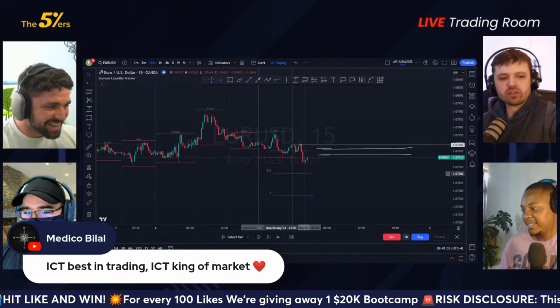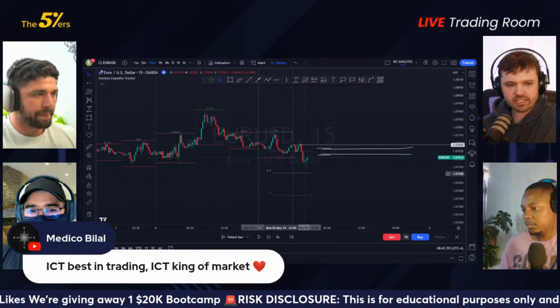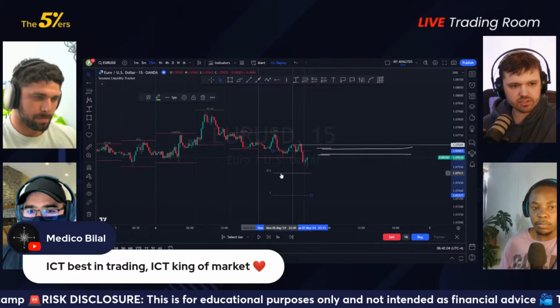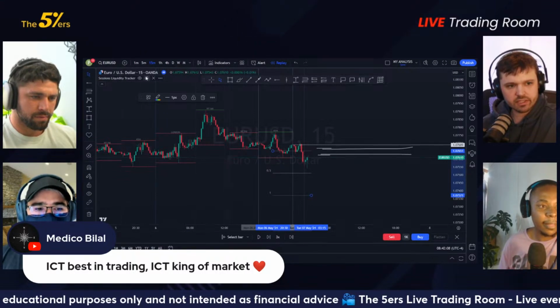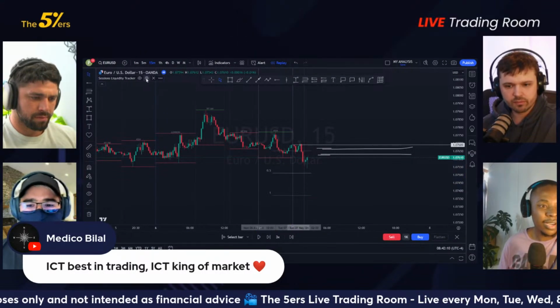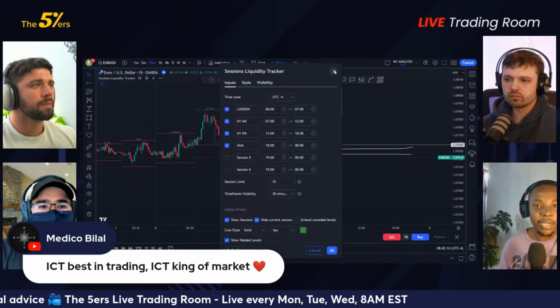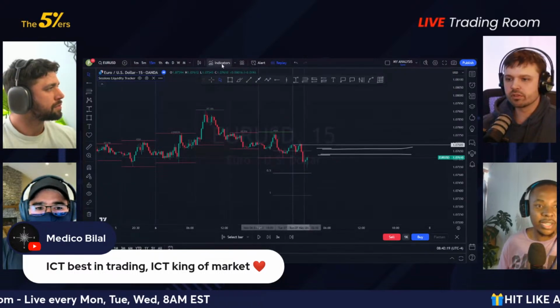We see a lot of people in the comments asking about the indicator that you're using for the sessions. Is it a free indicator? Yeah, I think it should be. I don't remember how I actually got this indicator, but I think you should be able to find it: sessions liquidity tracker.